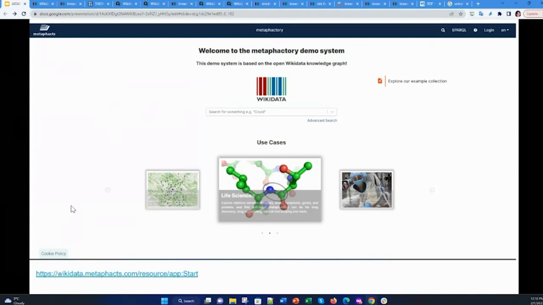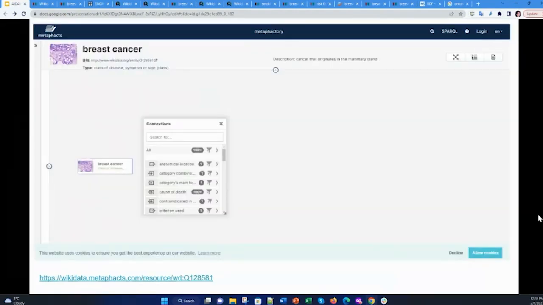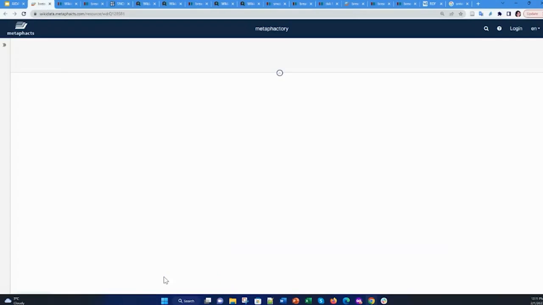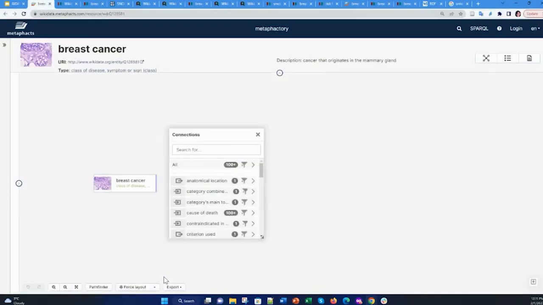When we use MetaFactory, we can explore the data from Wikidata in more user-friendly visual way. Now let's explore the concepts which are presented in Wikidata using this tool. I will go back to the live demo.